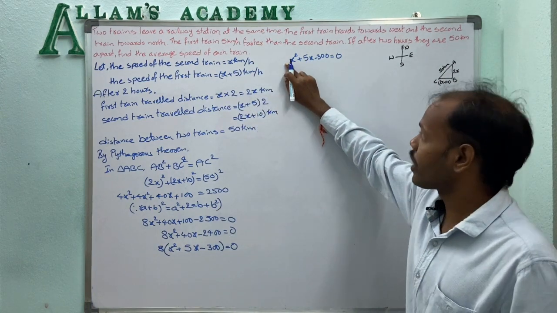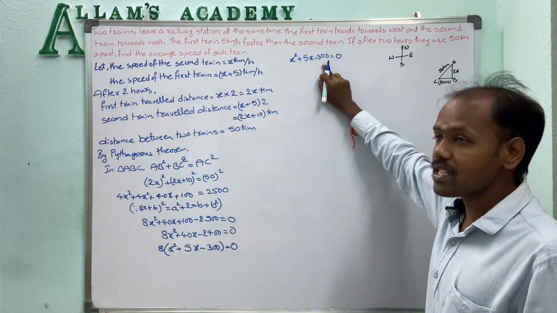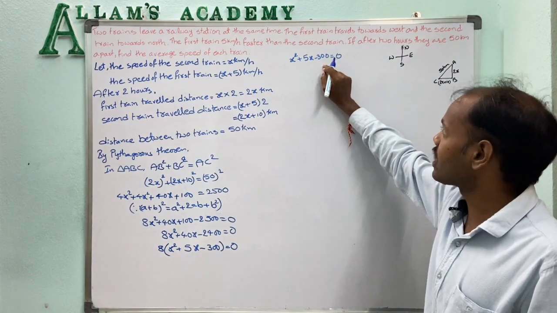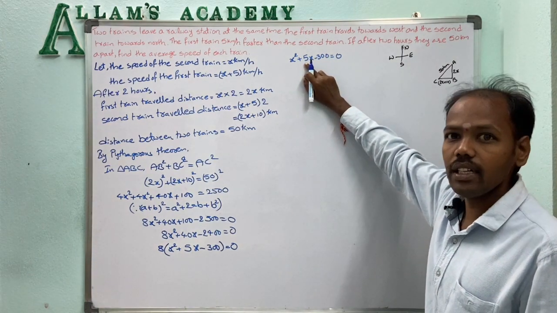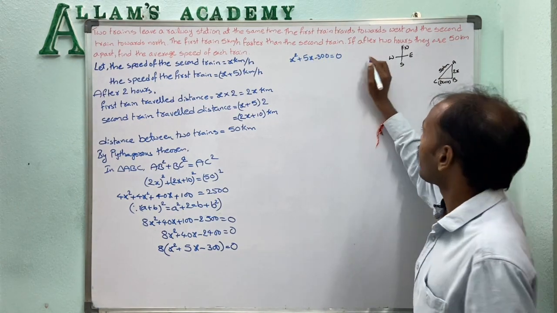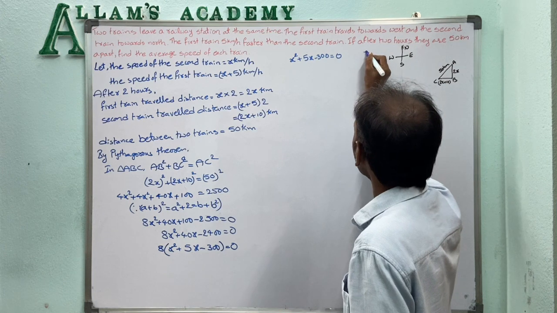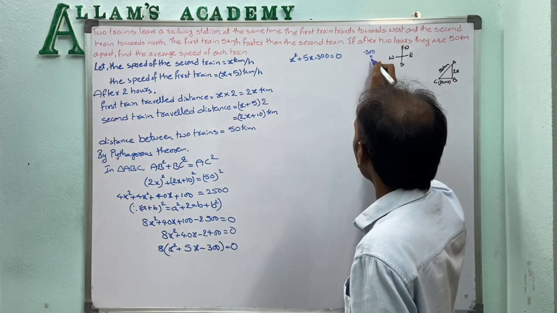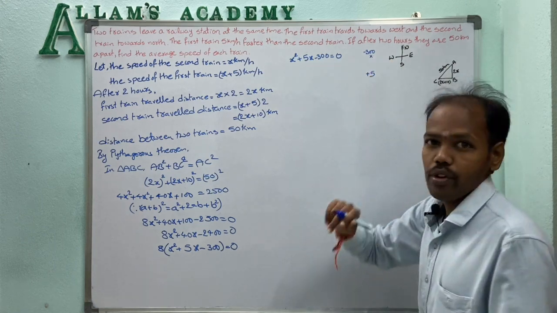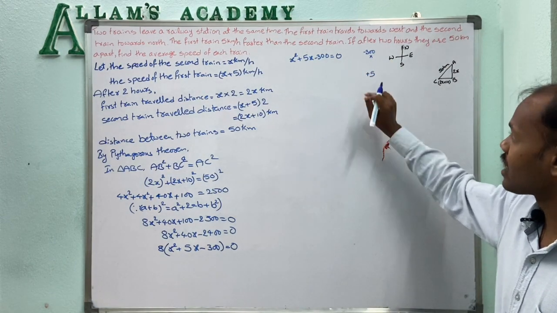Now here x square coefficient is 1 and the constant term is minus 300. So by multiplication we want to get minus 300 and x coefficient is 5. So here by adding we want to get 5. So which two numbers product is 300 and their difference is 5?